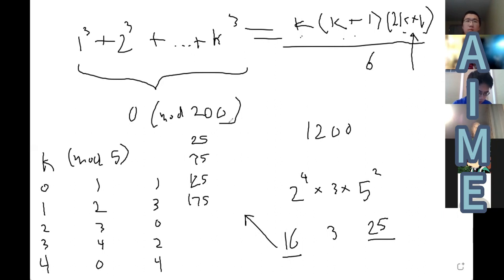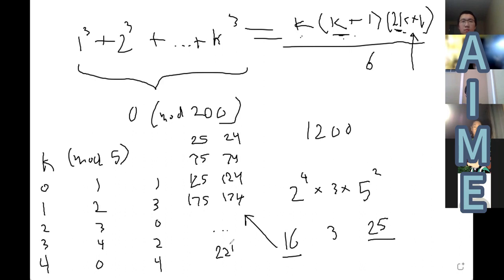Since this one's odd, k or 2k has to be 1 less than that. So 24, 74, 124, 174, etc.